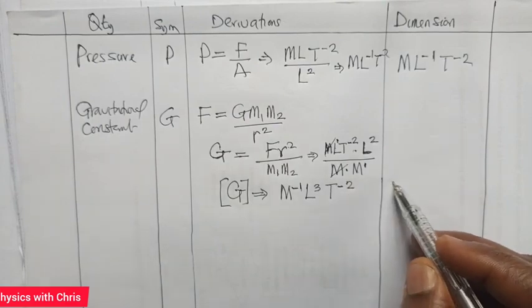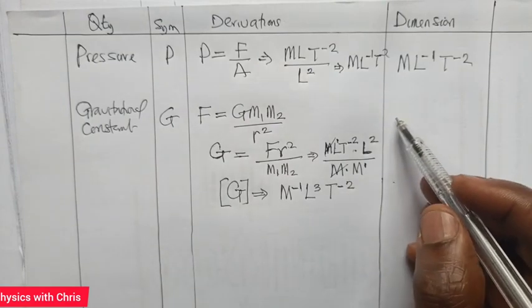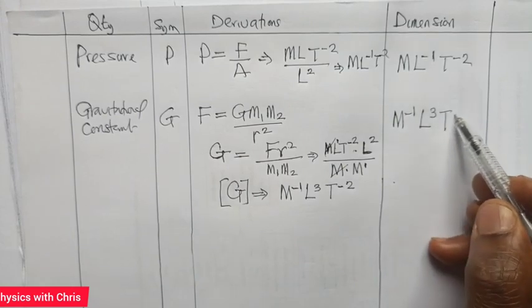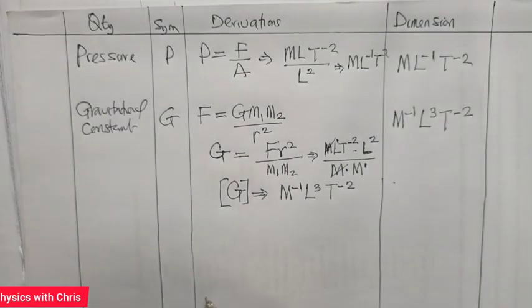So that gives the dimension of the gravitational constant as M^-1 L^3 T^-2.